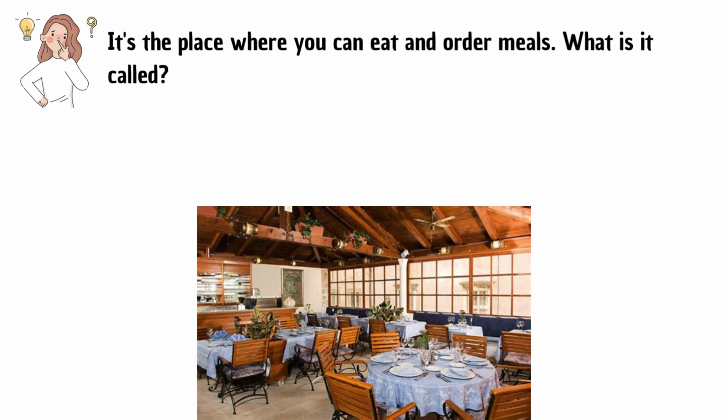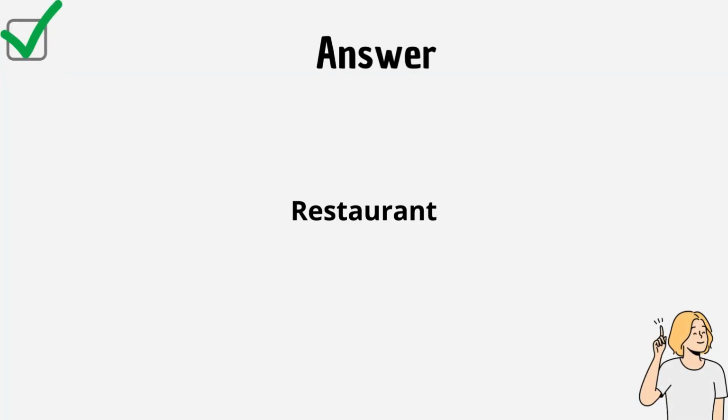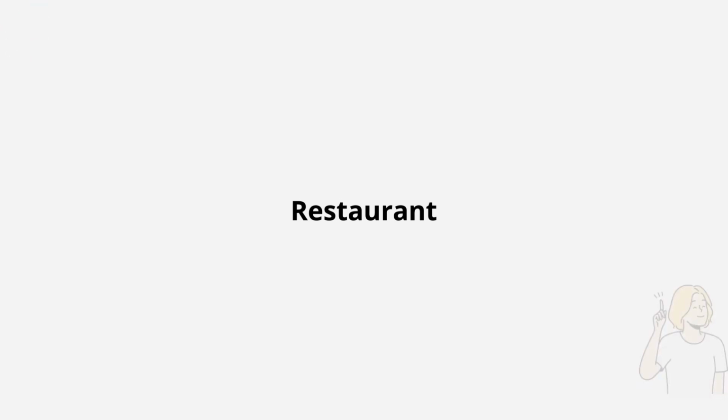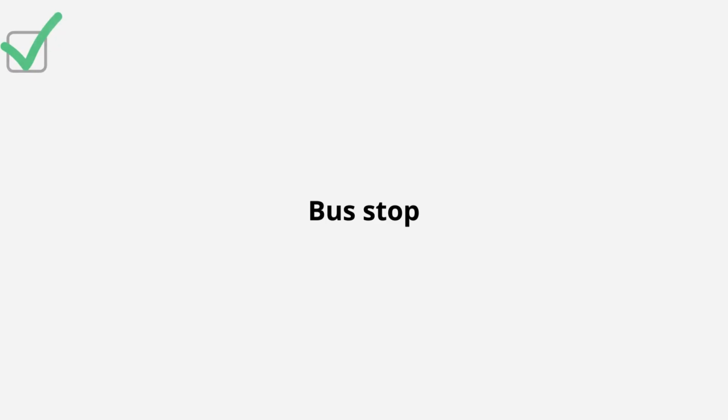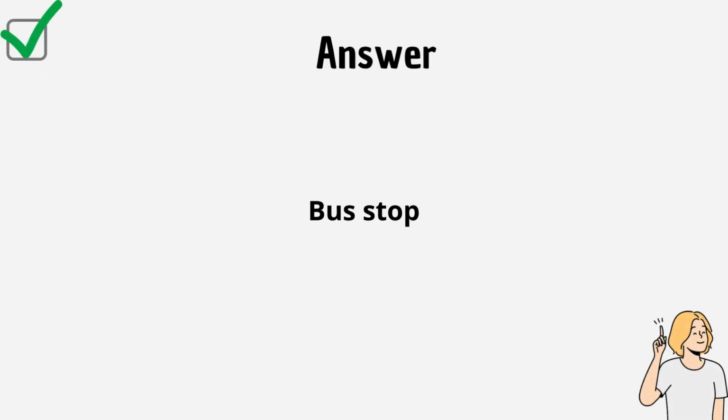It's the place where you can eat and order meals. What is it called? Look at the answer. It's the place where you can take the bus. What is it called? Look at the answer.